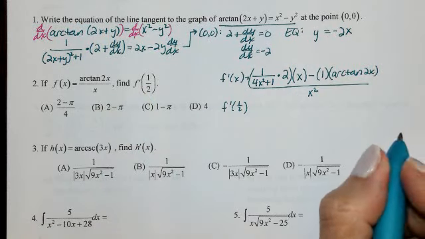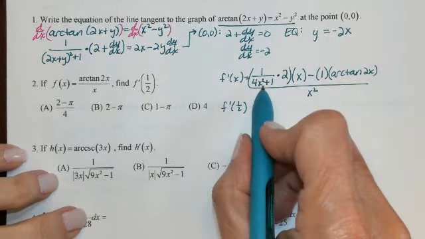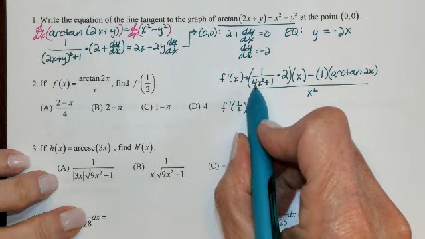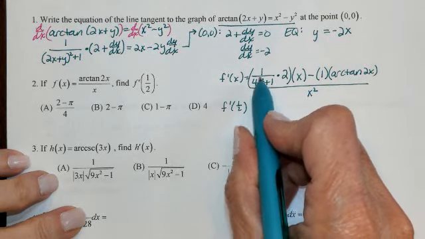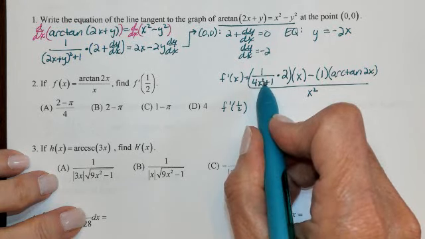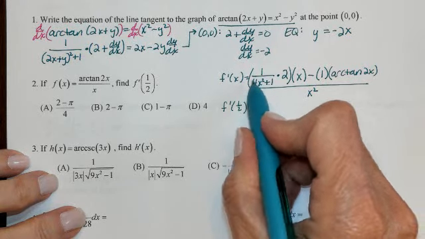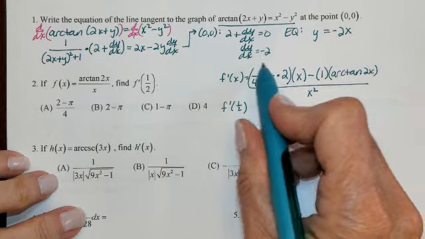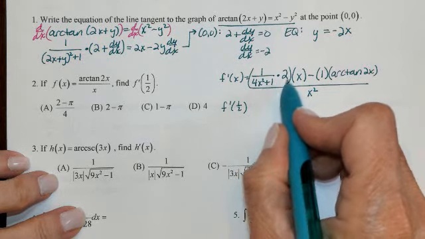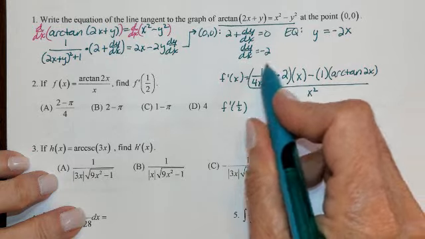So let's carefully plug 1/2 in for x. So when we plug 1/2 in for this x, we'll have 4 times a fourth, which is 1. And 1 over 1 plus 1 is 1/2. So this is 1/2 times 2, which is just 1. So this whole piece is 1 when x is 1/2.